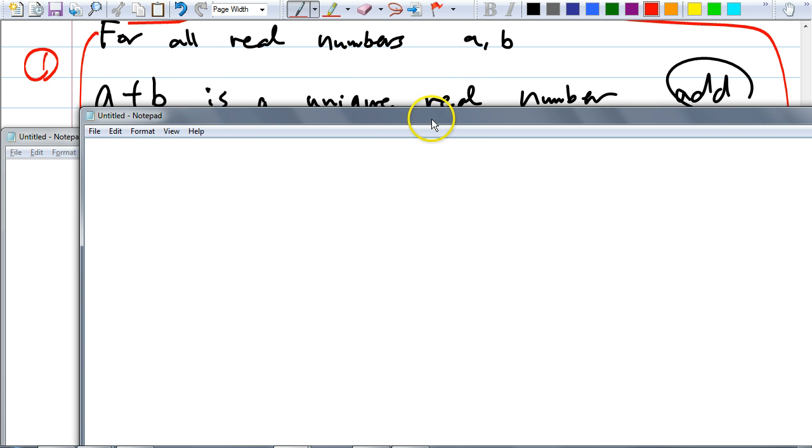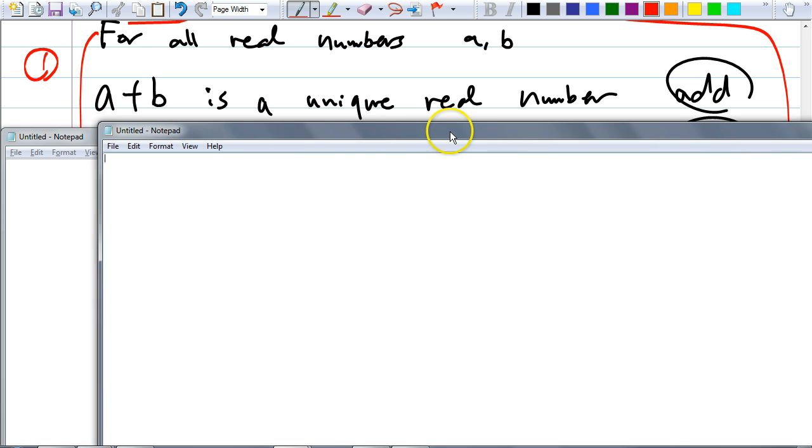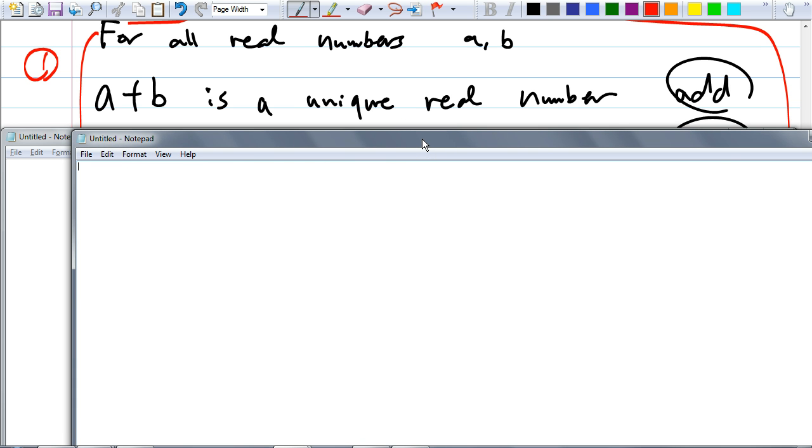It just says this. If you add 2 of those real numbers, that answer is always going to be one single answer. And it's going to be a unique real number, meaning it's going to be exactly one answer, and it's going to be a real number also, right? 2 plus 3 isn't a pizza or a car.